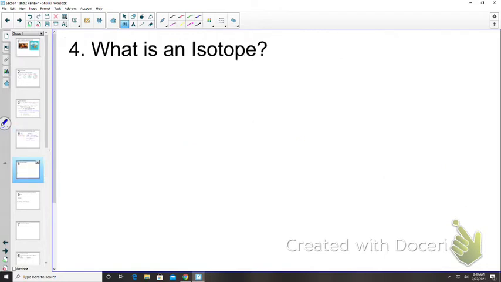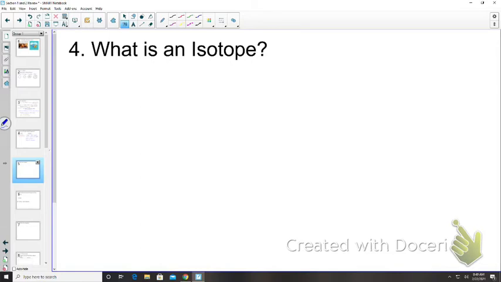We already kind of talked about this, but what is an isotope? Springfield Isotopes, remember, baseball team on The Simpsons? Not that. An isotope. Okay, make sure you guys know what an isotope is.